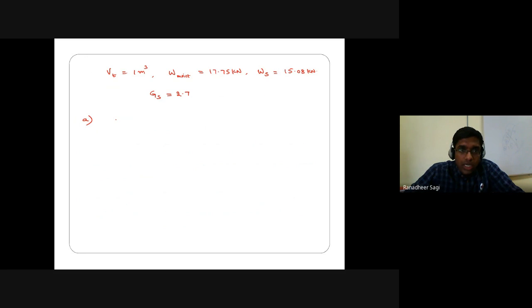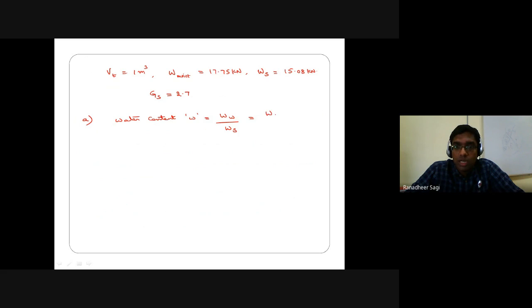So how do we calculate the water content? Water content, denoted by W or WC, is defined as weight of water to weight of solids. At natural state, what is the weight of water present in the soil?